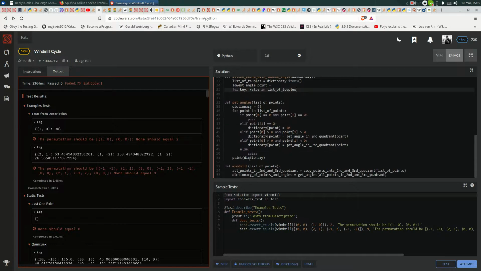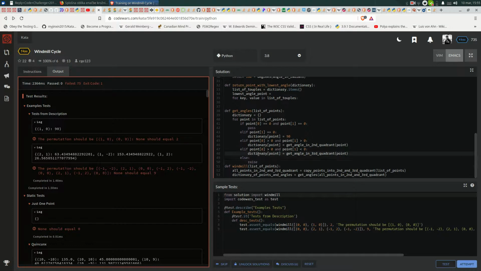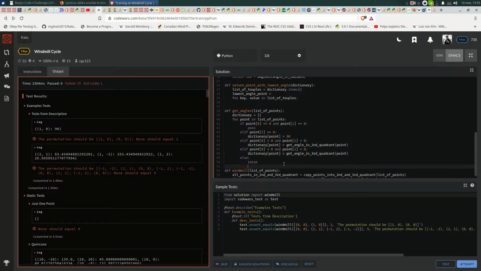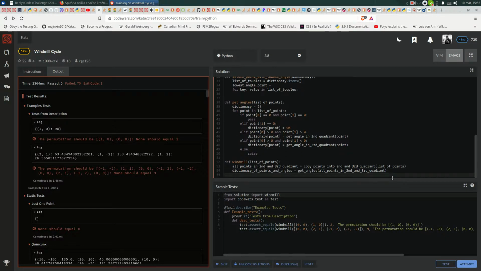So if we remove that print statement over here, say here we say get angles. We get angles, a dictionary of points and angles.